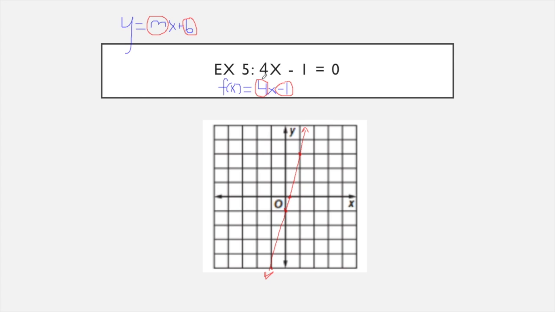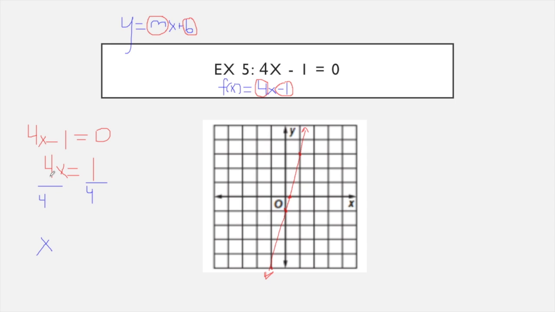So a way we can find the exact value is to now solve for x. So 4x minus 1 equals 0. We can add 1 to both sides, and 4x equals 1. If we divide both sides by 4, what do we get?